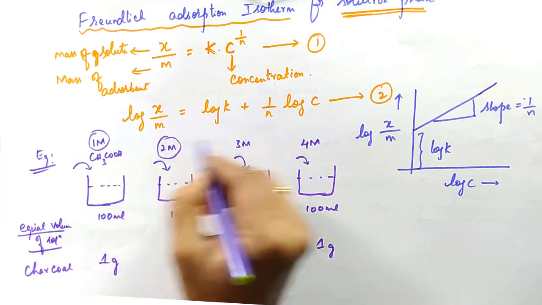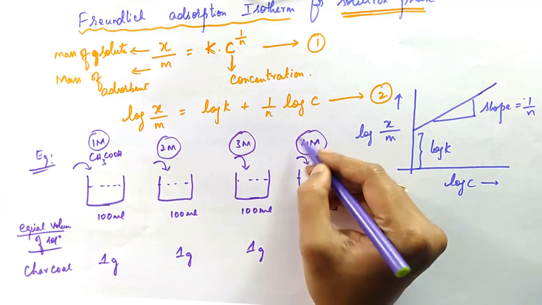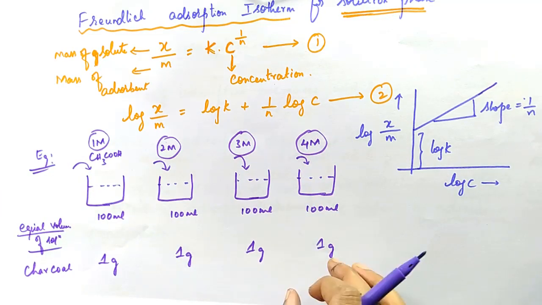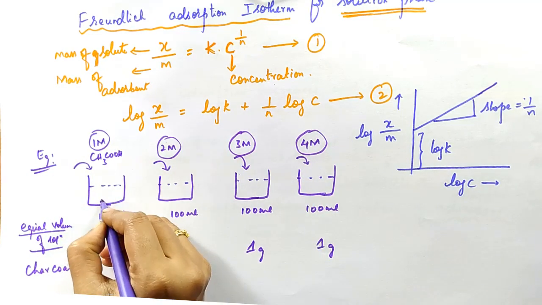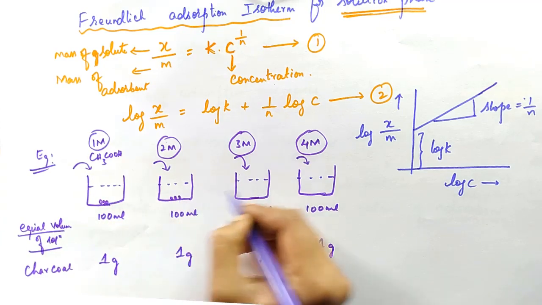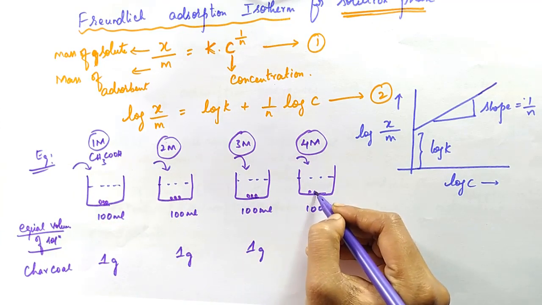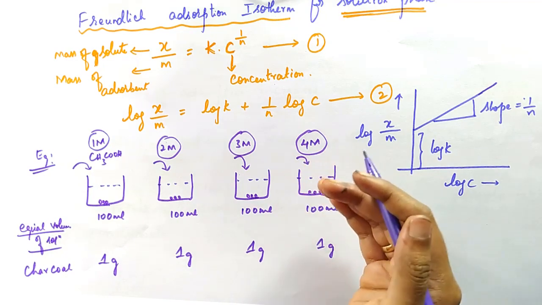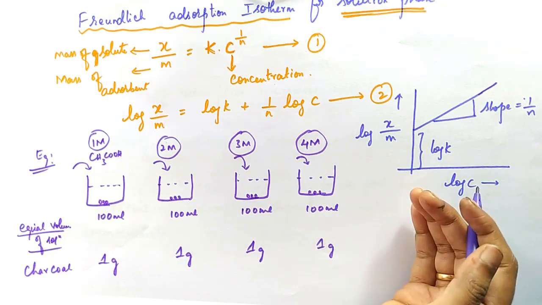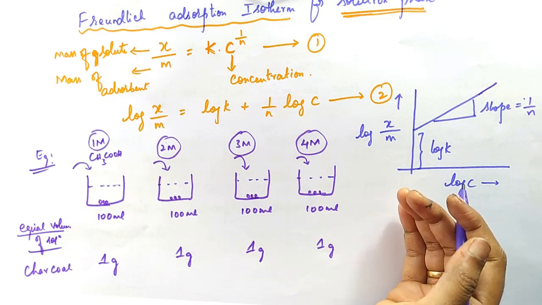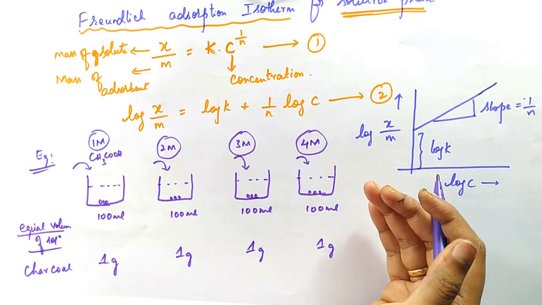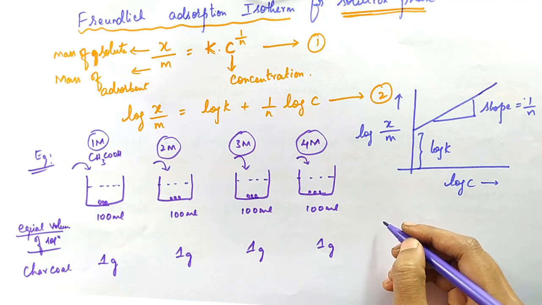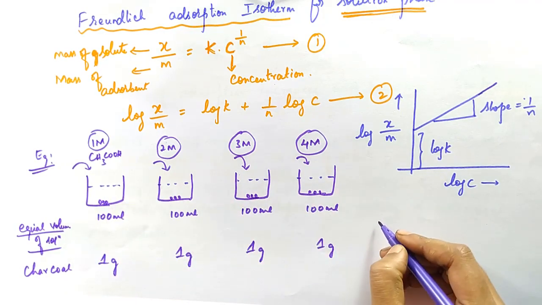Only the concentration of solution is changed. What happens after some time? The charcoal adsorbs the acetic acid and the concentration of acetic acid decreases after some time. We note down the final concentration in each beaker.